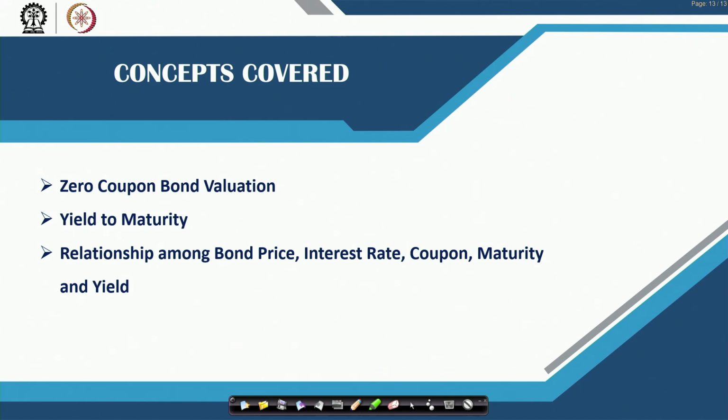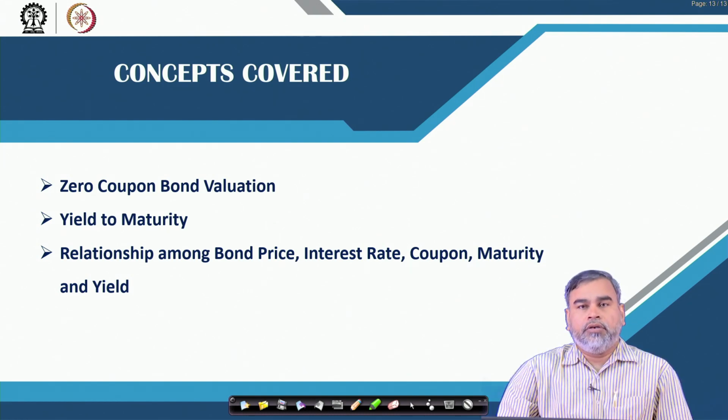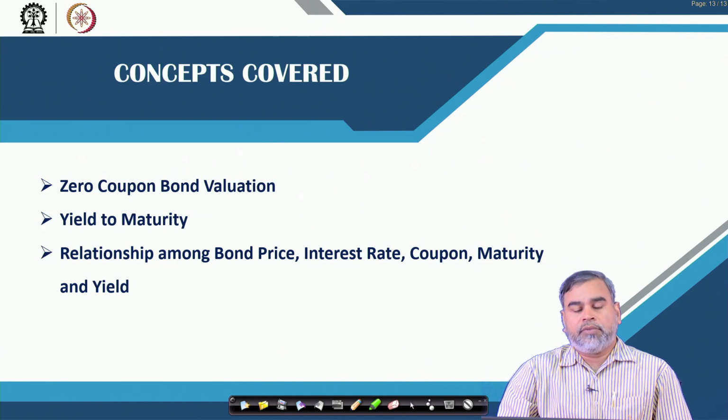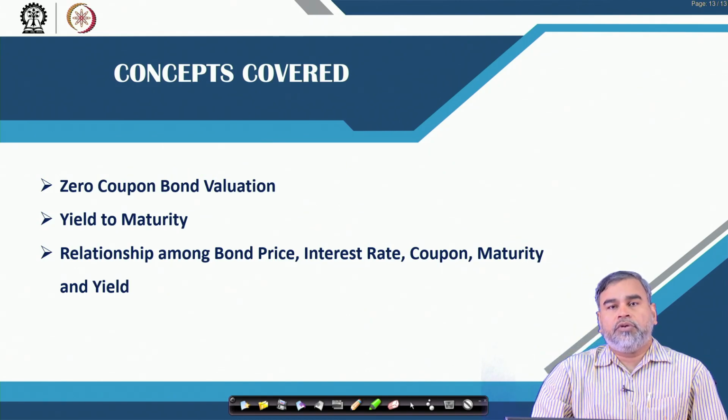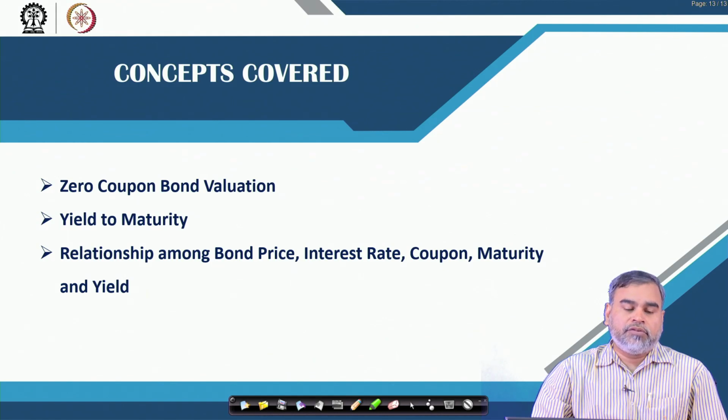In the previous class we discussed the valuation of a bond which carries regular coupon payments, or periodic cash flows, but there are certain bonds which are always issued at a discount and redeemed at par. So, how is the valuation of those bonds done?